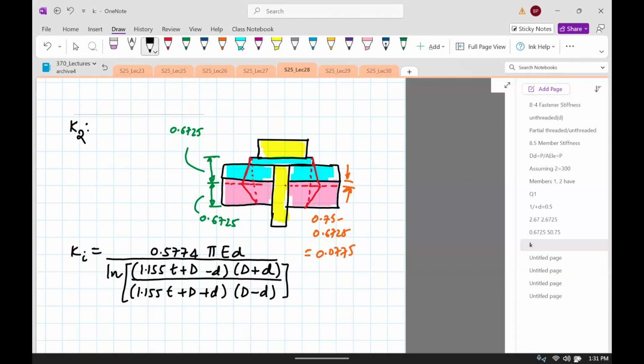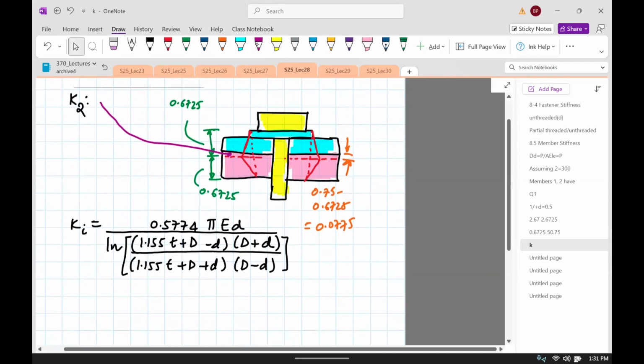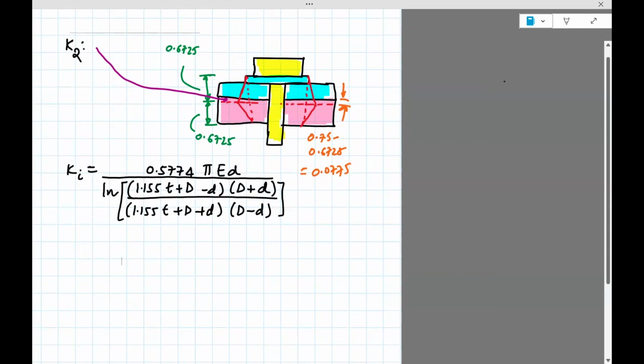Okay, K2 will be this part, the thing which is sandwiched between the blue and the pink, but it's part of pink. Again, we need to figure out all these things over here. This is cast iron now, it's pink.